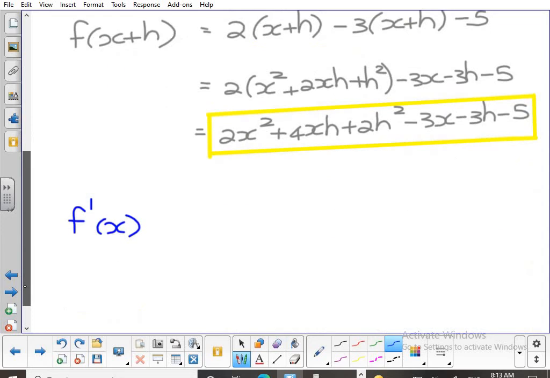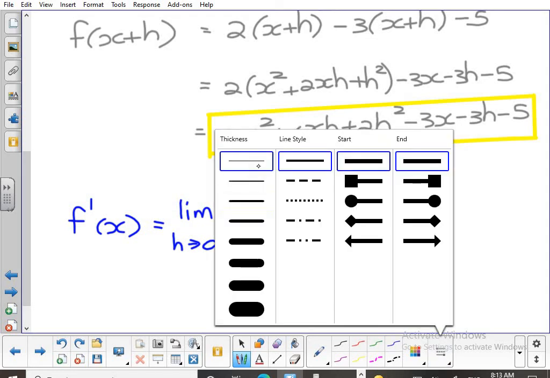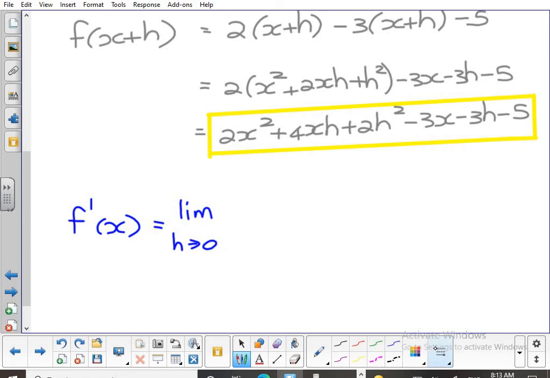So now I have this: limit h tending towards 0. Now I substitute. I'm going to make my pencil thinner for space. So we have 2x squared plus 4hx plus 2h squared minus 3x minus 3h minus 5.